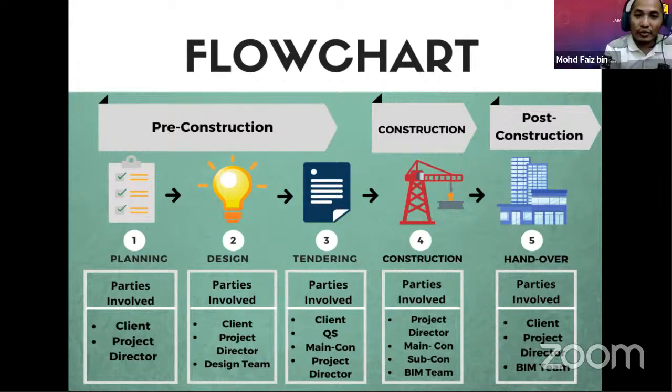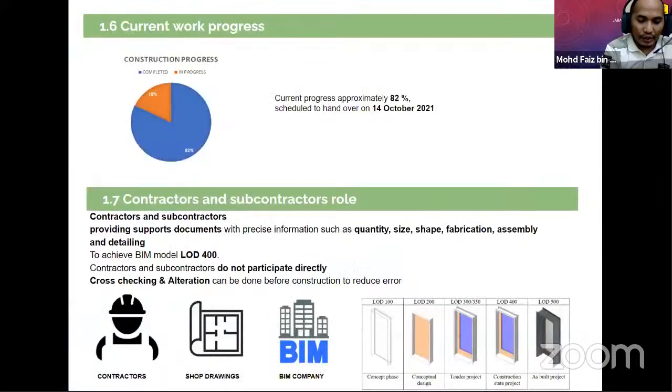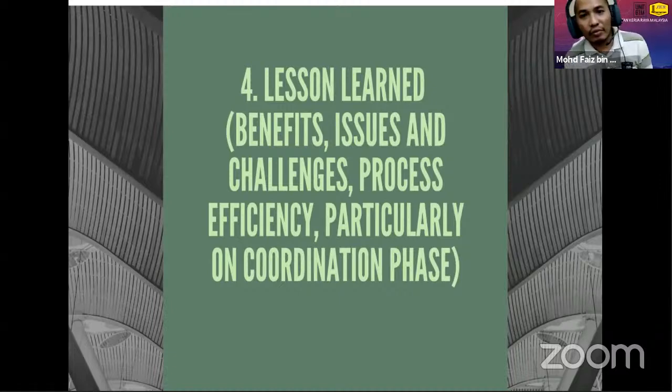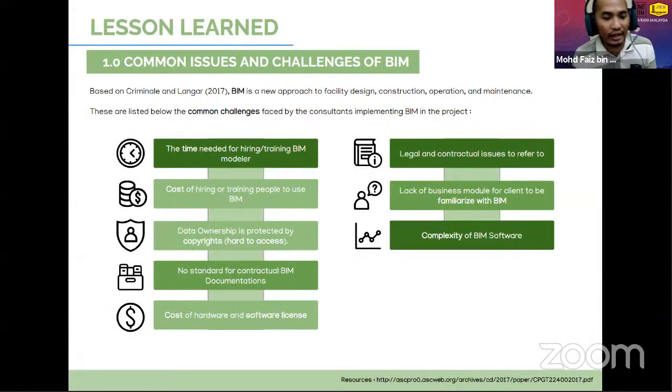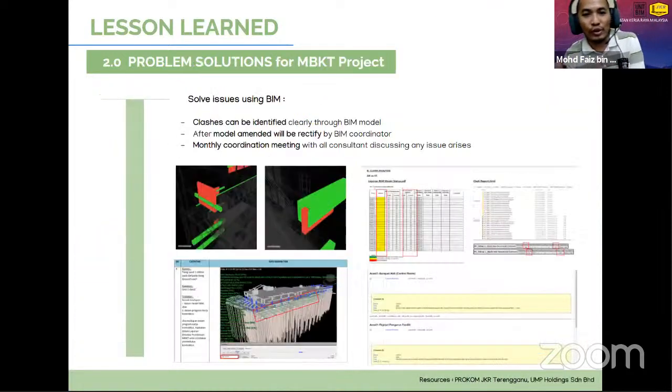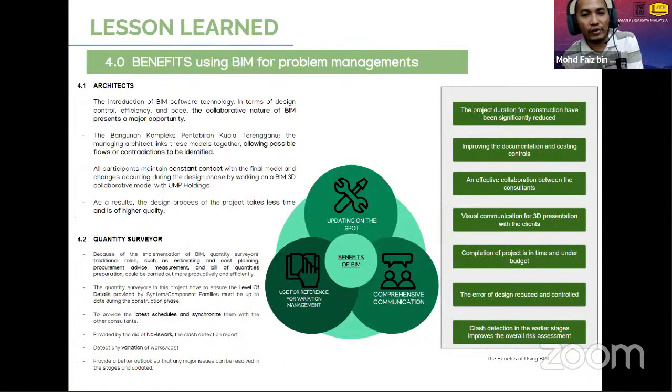Okay, berkenaan dengan lesson learned tu, you cerita tu okay, but maybe sebab I tengok you tak ada yang nampak how to improve untuk projek-projek yang datang, how to improve if they want to use BIM during construction. And then your conclusion, you need to know what is your opinion? Is it better you start the BIM during construction or at the early phase?